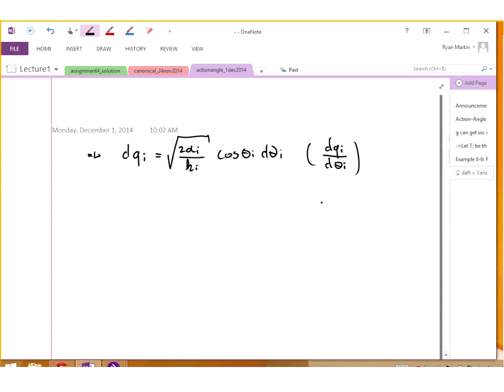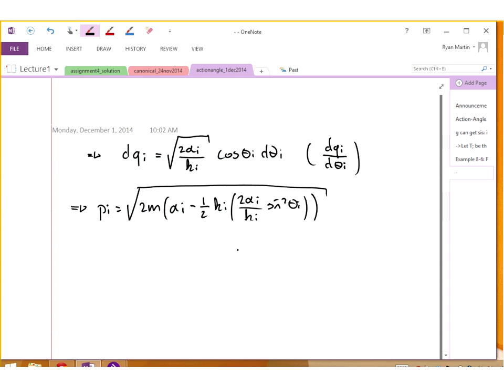And if I plug in the new definition for q_i, that's α_i minus a half k_i times 2α_i over k_i sine squared theta_i, so it's all q_i squared. The k_i's simplify, the 2α_i's factor, and I'm left with 1 minus sine squared theta_i.